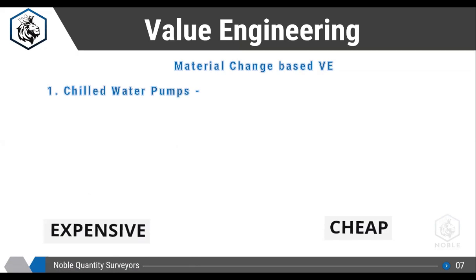The chilled water has to be transported from the chiller to the equipment. For that, we are using one device which is known as chilled water pumps, or sometimes hydronic pumps also. So what value engineering can you do? There are two things you can see: one is the expensive one, the other one is the cheaper one.